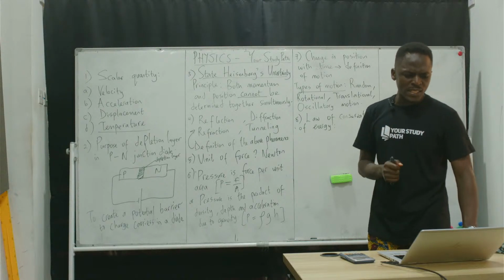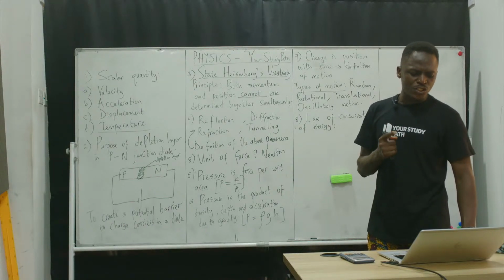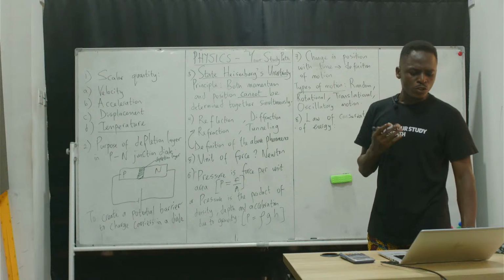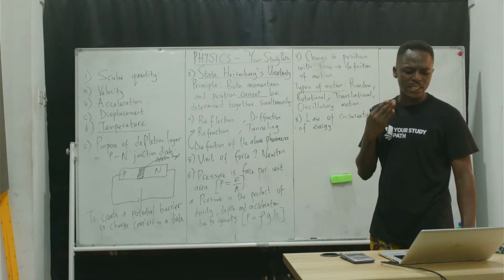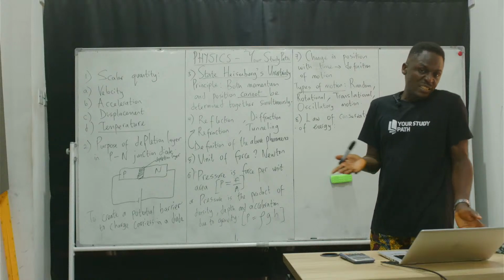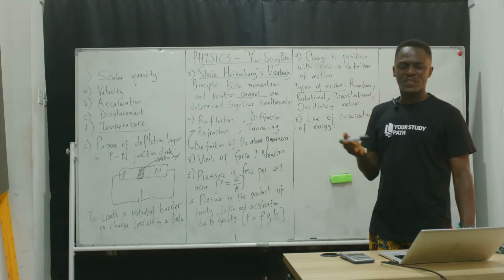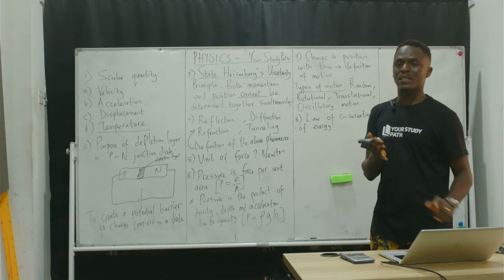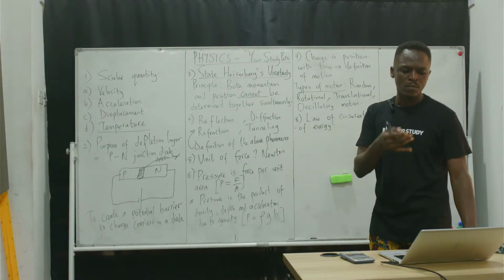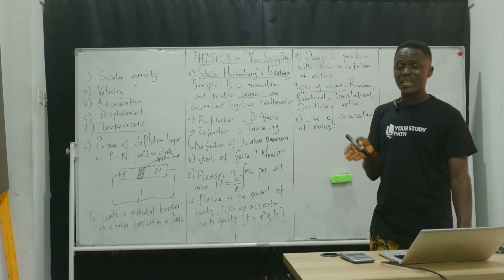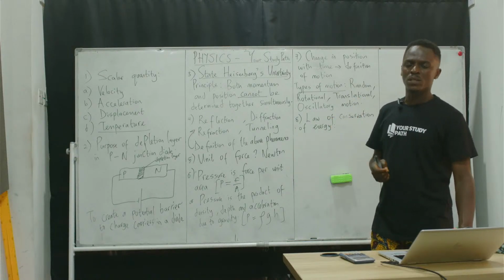Or you can say that energy can change from one form to another, or you can say that the total energy in an isolated system is actually constant, or you can say that perhaps everything I'm saying so far is correct. Talking about energy can actually be created and energy can be destroyed, or you can say that energy can change from one form to another, or you can say that total energy in an isolated system remains constant.